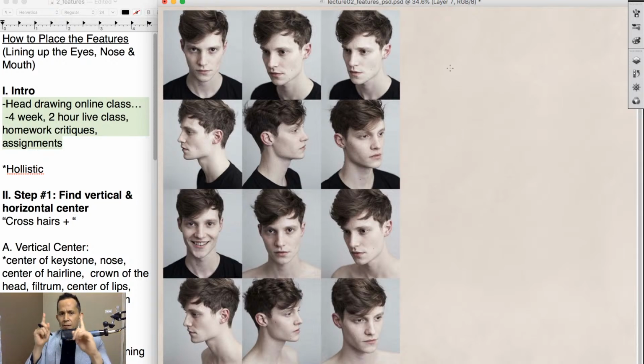We want to find the outer edge and the upper edge. So let's take a look at this example here. We want to find the outer edge and the upper and lower limit. So I'm just putting little marks where I think the side of his head is and the top of his head.